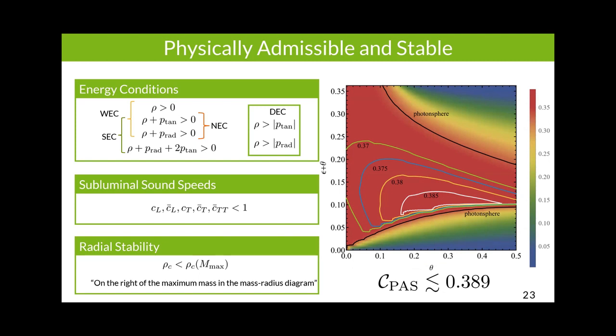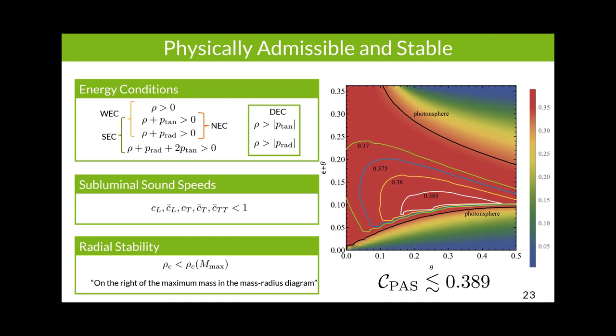So we can look at just this piece of the parameter space. We have here epsilon plus theta, and here we have theta. And the maximum compactness is around this area here, so around 0.1 in epsilon plus theta, around 0.3 in theta.